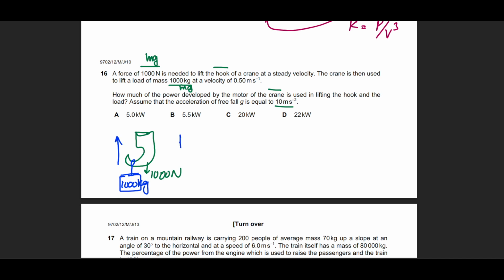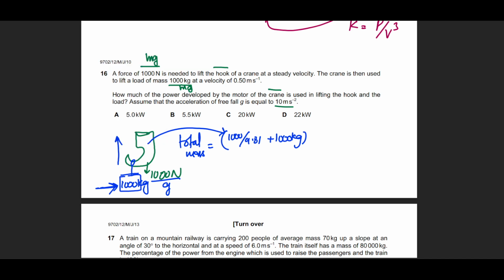So the total mass, or if you will, total weight, is 1000 plus this mg. If you want to convert it to mass, you have to divide this by g. So the total mass becomes 1000 divided by 9.8, that is for this hook, plus 1000 kg, which has already been given to you as kg. So that is going to be the total mass.